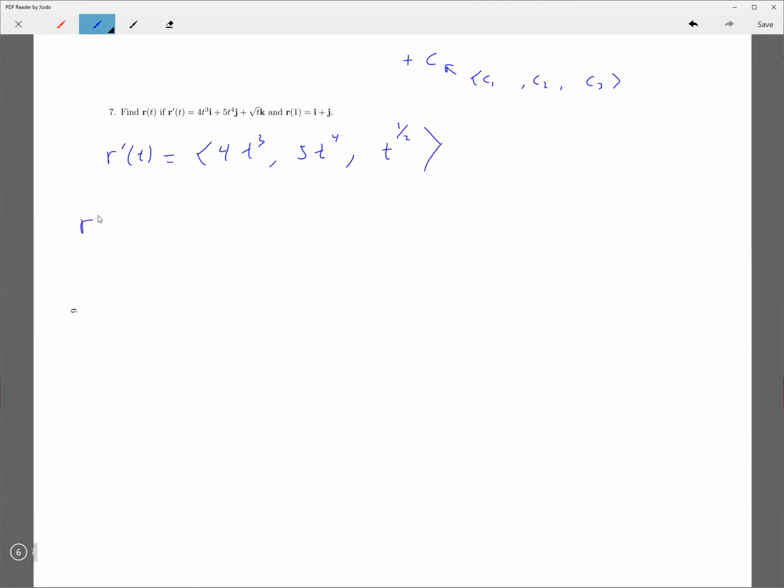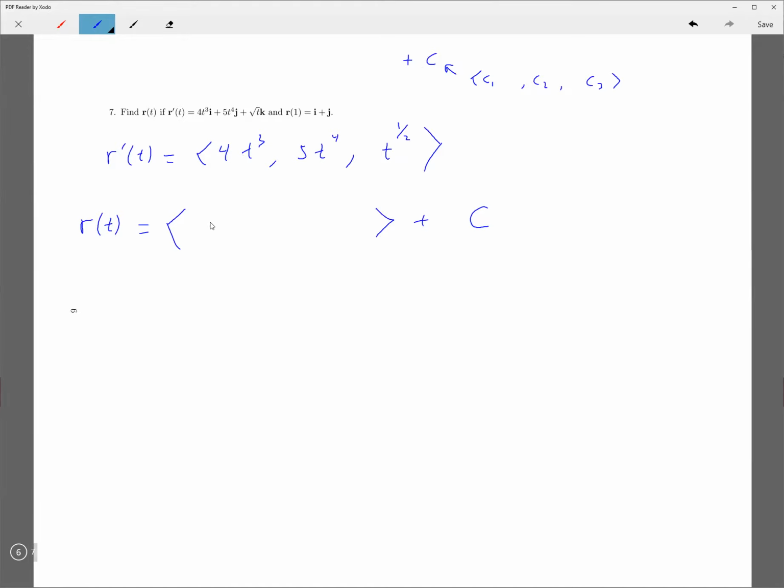So our r of t, to find that one, we can take the indefinite integral of each of these and add a constant on the end. And this constant is actually 3 different constants.